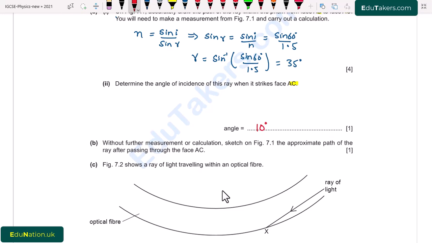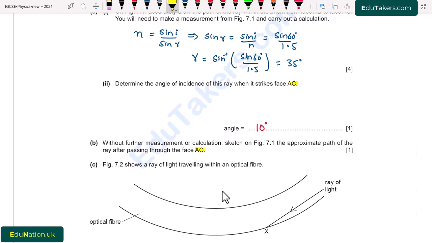Part B. Without further measurement or calculation, sketch on figure 7.1 the approximate path of the ray after passing through the face AC. When this light ray leaves face AC, we have to draw its path.